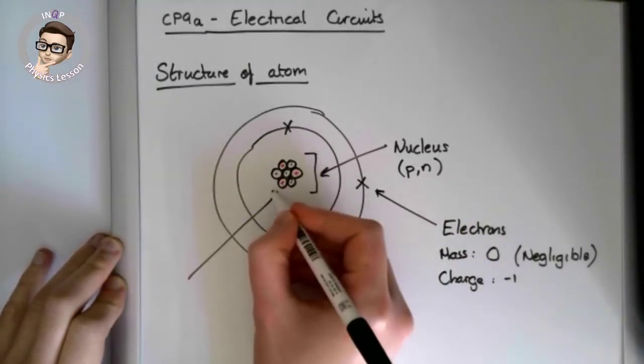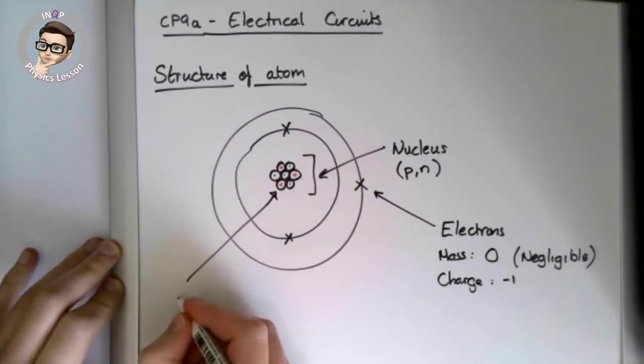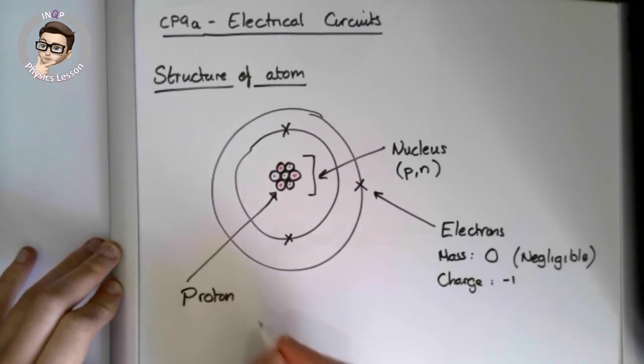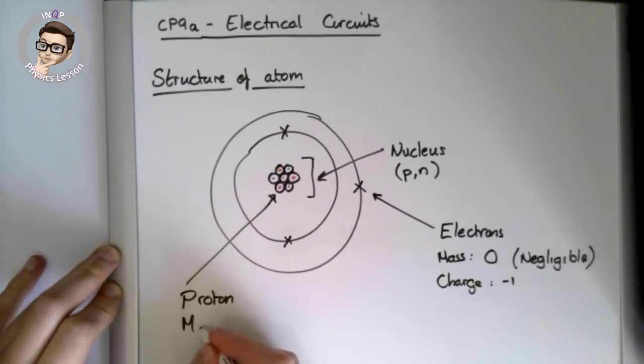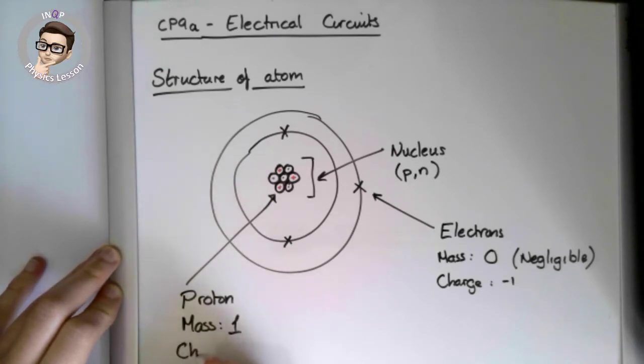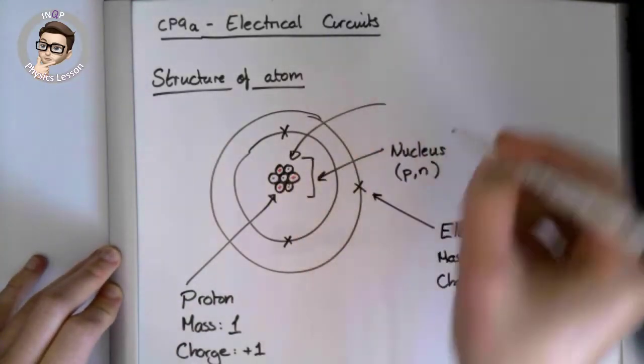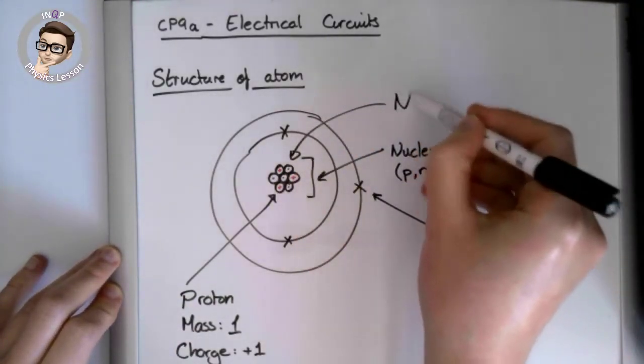We have the nucleon, which is the red dot here. So this is the proton. The proton has a mass of 1 and a charge of +1. And then we have the blue one over here, which is our neutron.